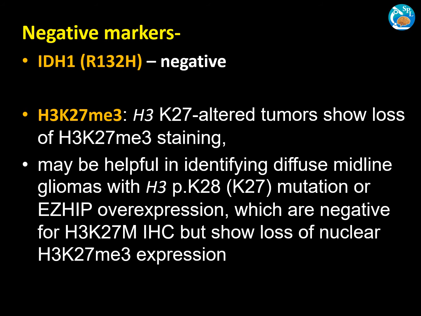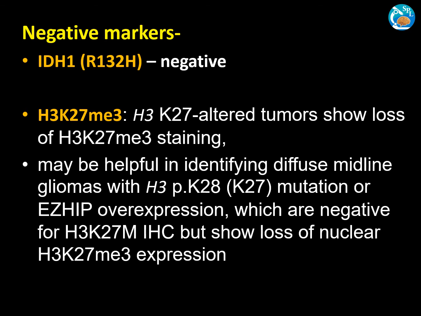Now it is important to note that the tumors showing histone mutations are negative for IDH. So IDH1 we found negative. H3K27 trimethylation, H3K27Me3, shows loss in the tumor cells.